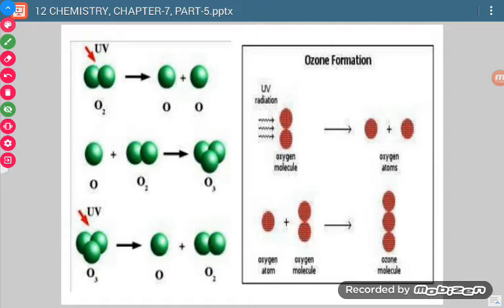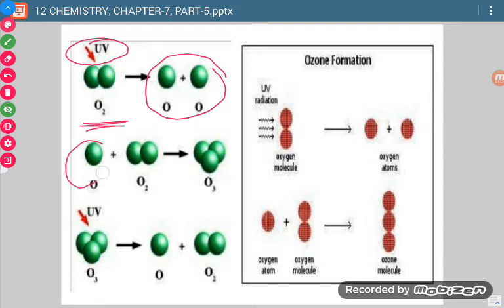in the upper atmosphere. Diagrammatically, you can see that when ultraviolet rays come in contact with oxygen, they first atomize it. It changes into atoms. Then that atom reacts with an oxygen molecule to form an ozone molecule. This is a reversible process.